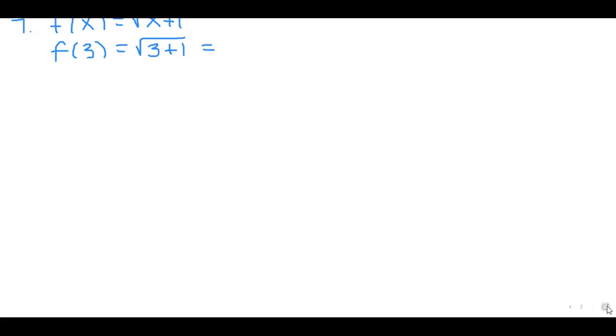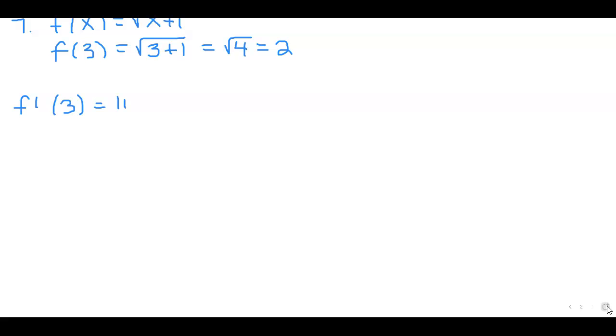So we get the square root of 4, or 2. So f of 3 is equal to 2. f of x is equal to the square root of x plus 1. So what we're going to do is plug in to find f prime of 3.